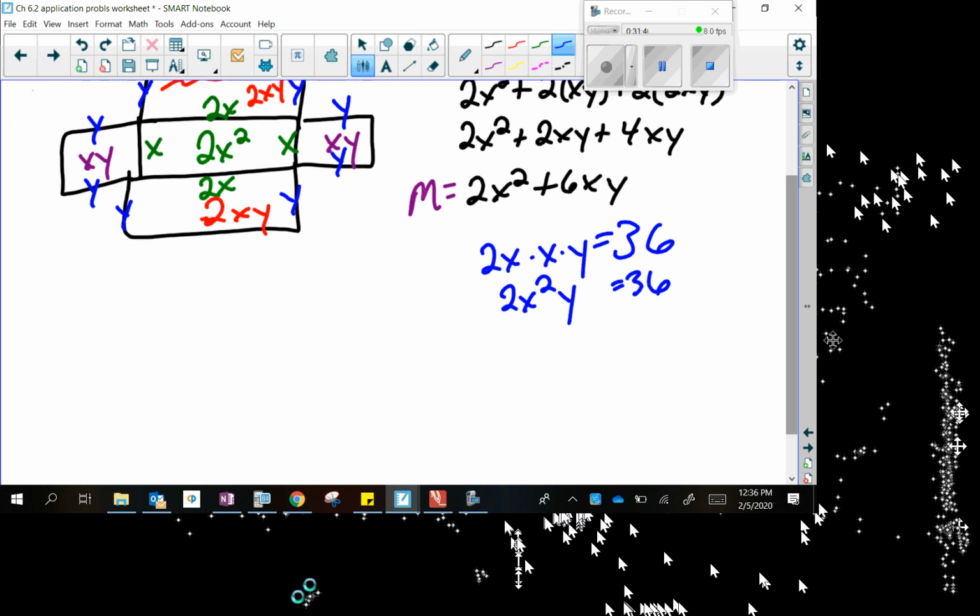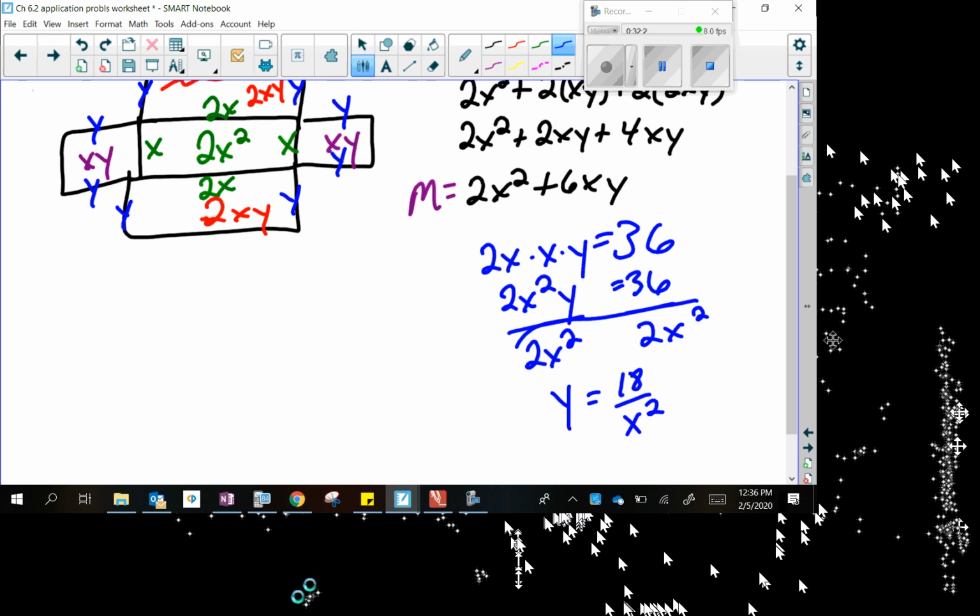All right, so these are our two equations, right? Now we need to get a variable by itself down on this one. Everybody okay with getting the y by itself? So we divide by 2x squared, right? So y equals 36 divided by 2, which is 18 over x squared. So far, so good?